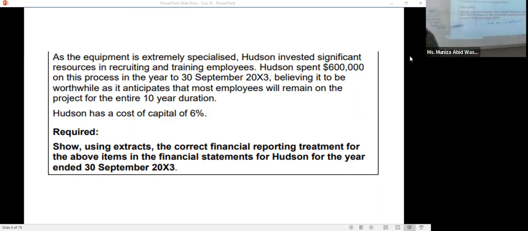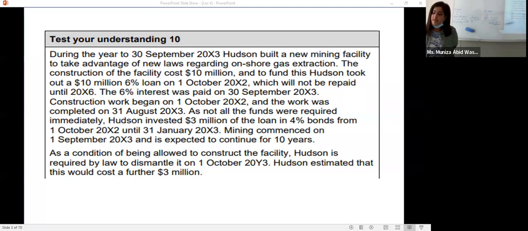Let's start reading the scenario. We have to record the financial reporting treatment in the case of SOPL and SOFP both. During the year to 30th September 2003, Hudson built a new mining facility to take advantage of new laws regarding onshore gas extraction. The construction of the facility cost $10 million.